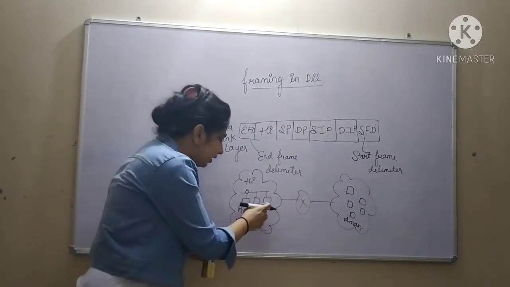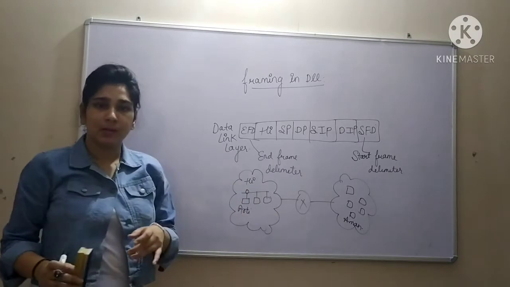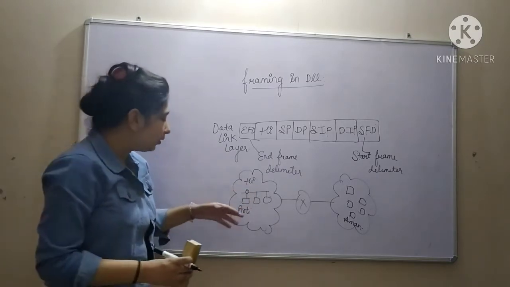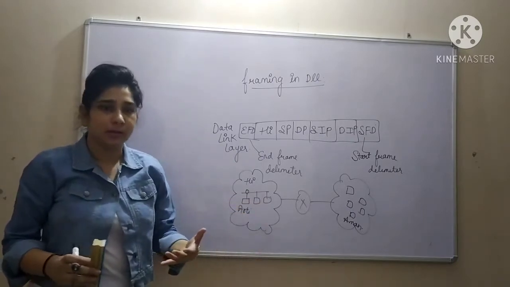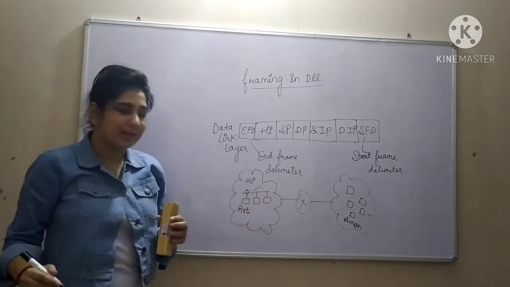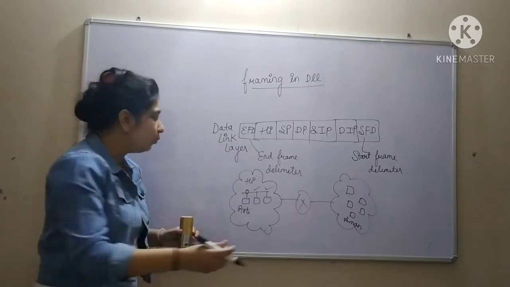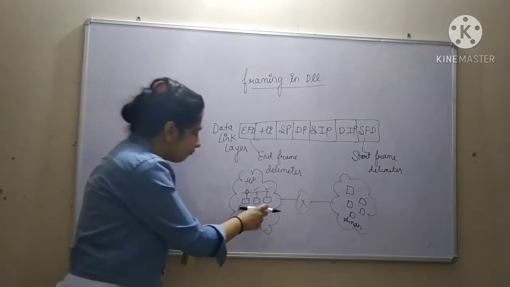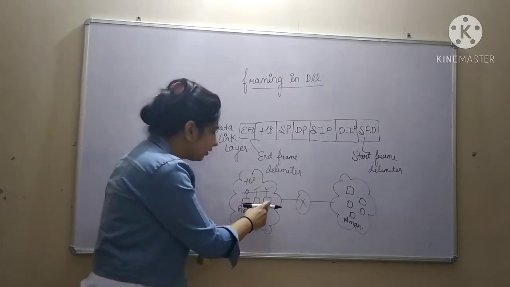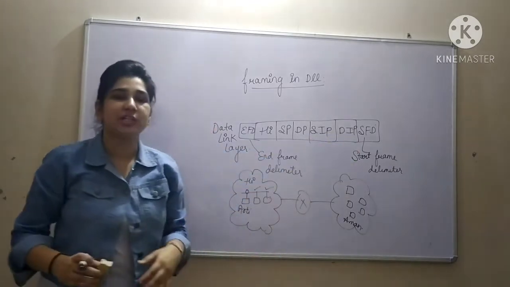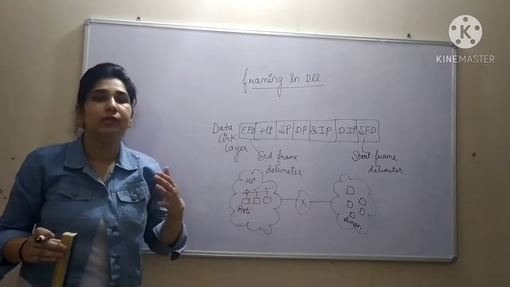All the other machines of the same network will be checking this message to know whether the coming message is for them or not. Each machine is going to see this message, because they don't know to whom it is going. Each and every machine on the way is going to check the destination IP address, so that they can know whether the coming message is for them or not.